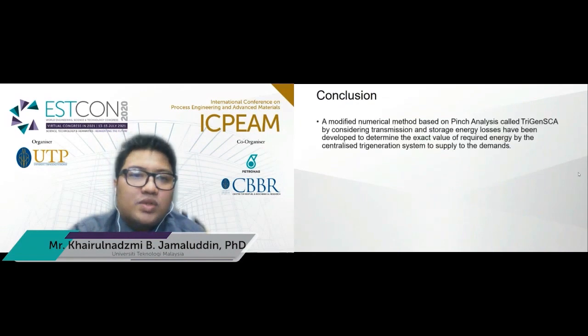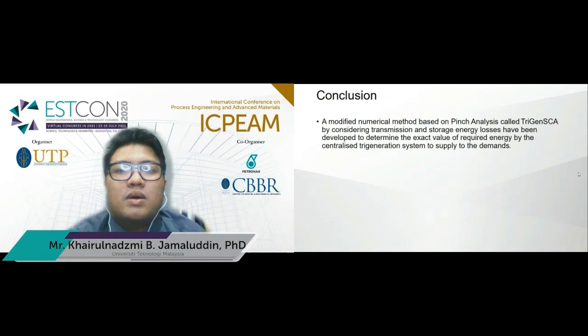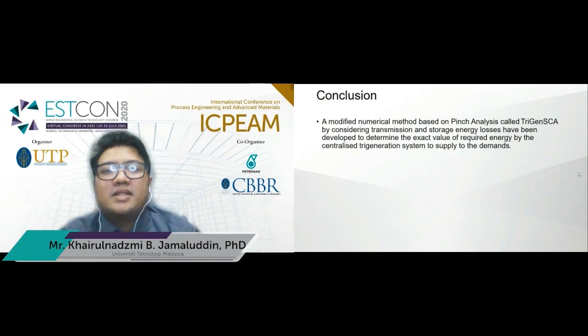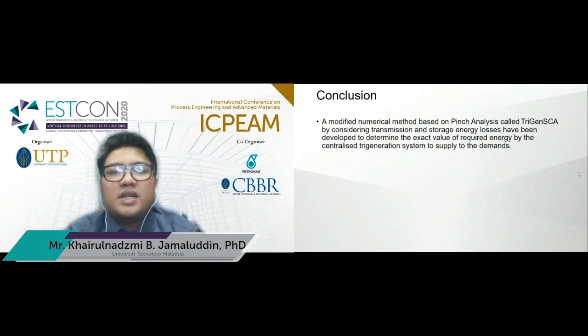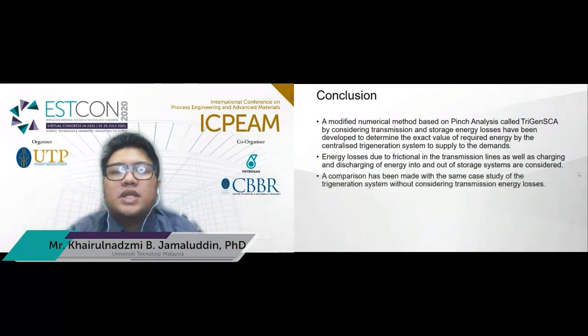So as a conclusion, a modified numerical method based on pinch analysis called trigen system cascade analysis, by considering transmission and storage energy losses, has been developed to determine the exact value of energy required by the centralized trigen system to supply to the demand.